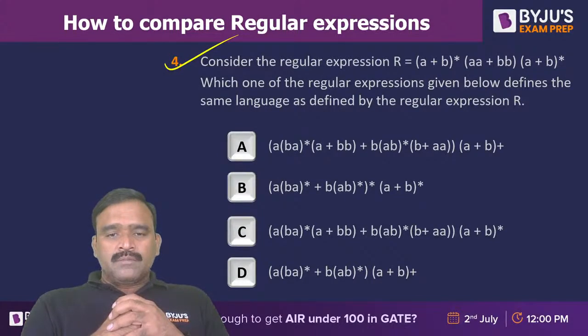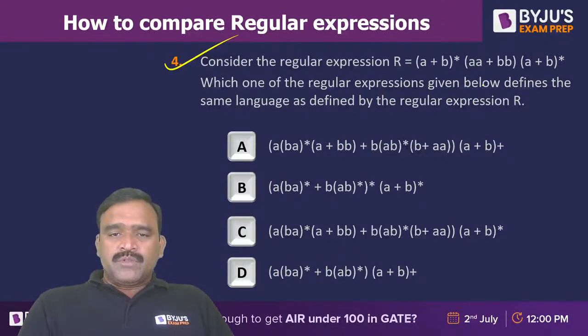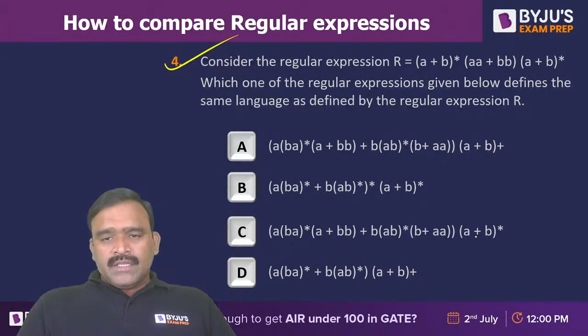So what is the correct expression? So aa or bb as a substring actually. So it is something like this. So (a+b)* is present here, and this is (a+b)*, and a(ba)* followed by a or bb, or b(ab)* followed by b or aa, and followed by (a+b)*.